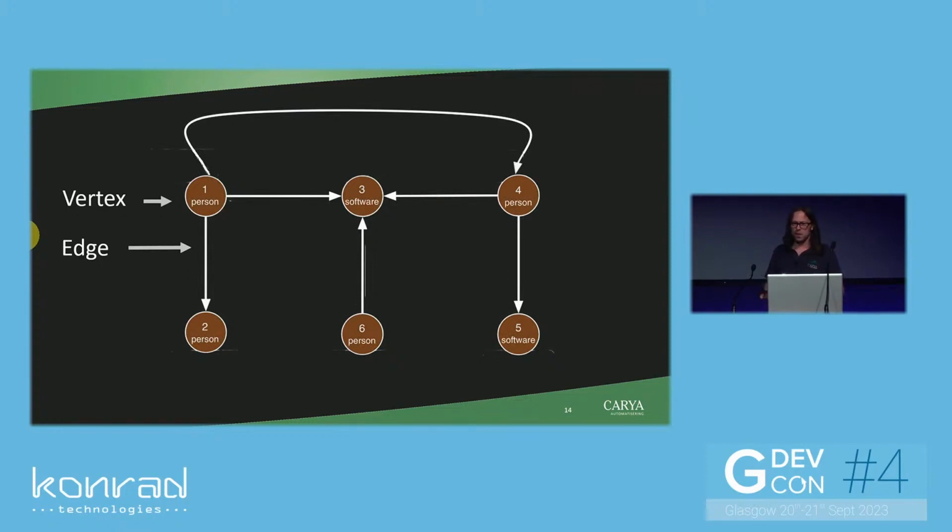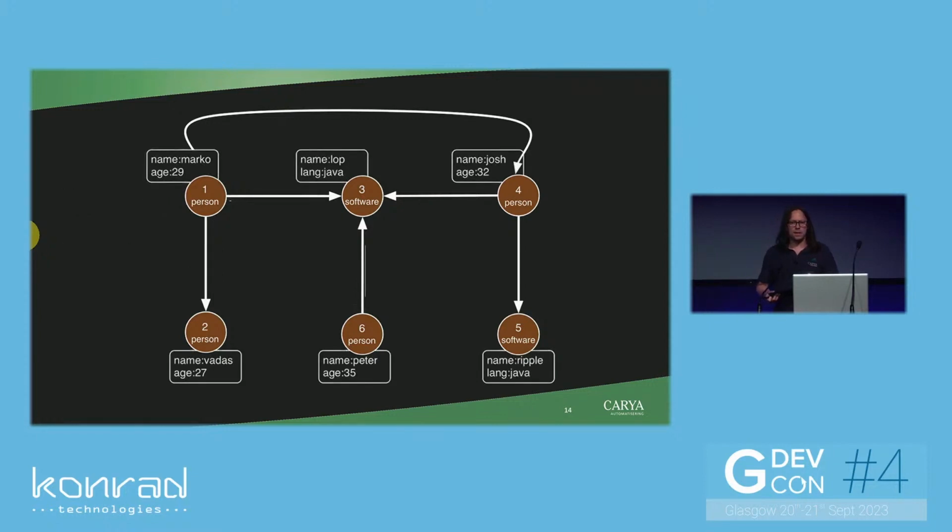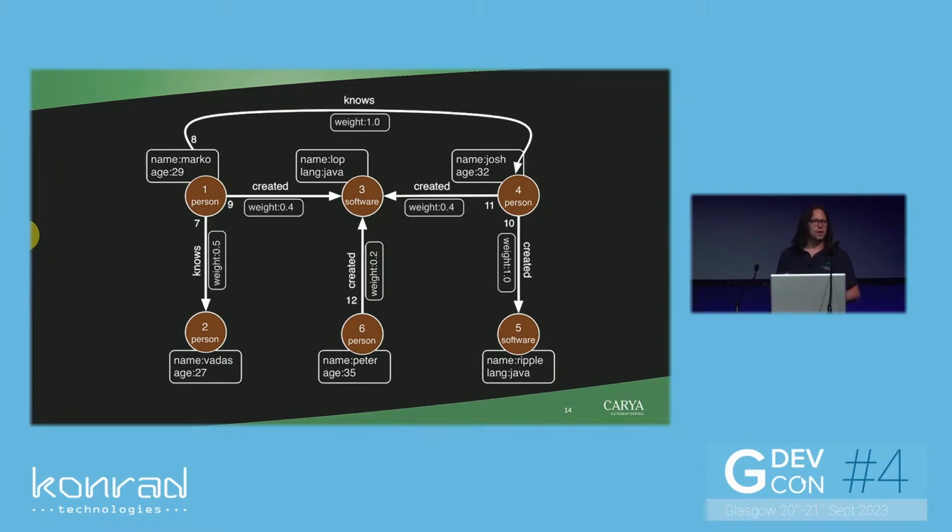So it is a bit of a mix-up between labels and classes as we see them in LabVIEW. And those nodes have properties. And the edges also have IDs and labels, and they can also have properties. So that's a lot, but basically you have edges and vertices, and they have properties.